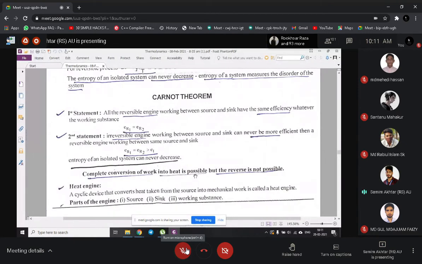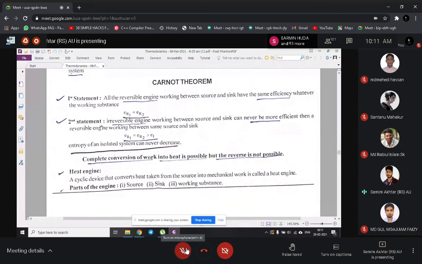That means ER1 equals ER2, the efficiency of different substances.